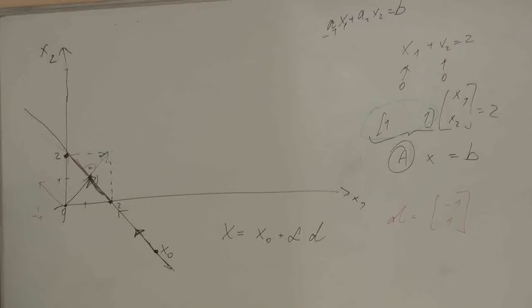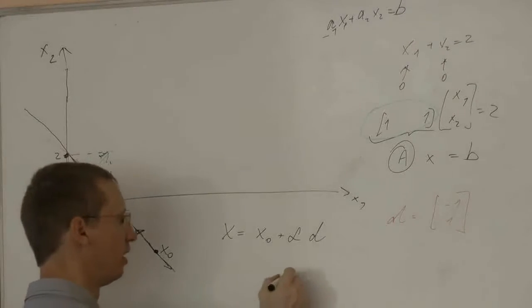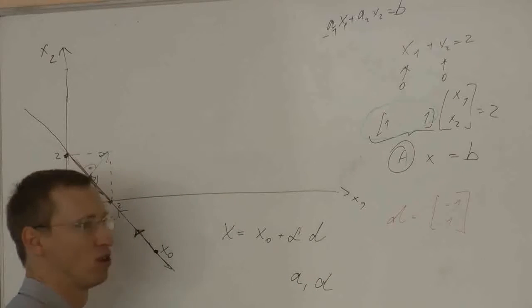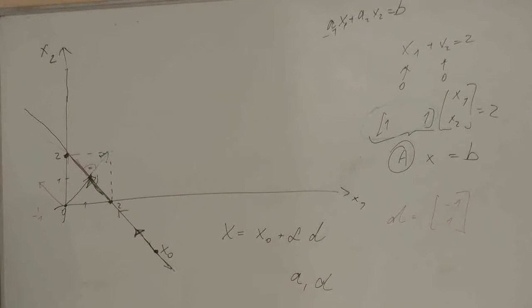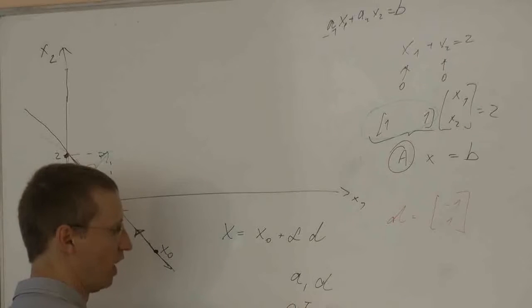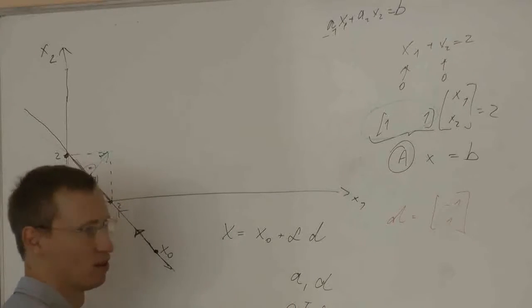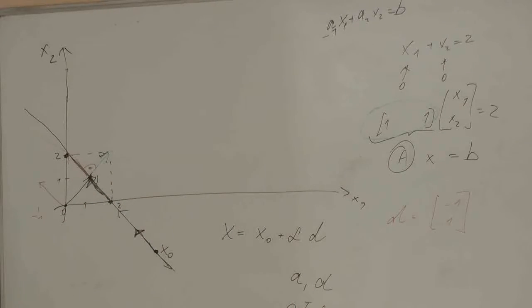When are two vectors perpendicular? Give me a condition. I give you a vector A, and I give you a vector D. When the vector multiplication is 0. So A transpose D is equal to 0. So this has to hold.